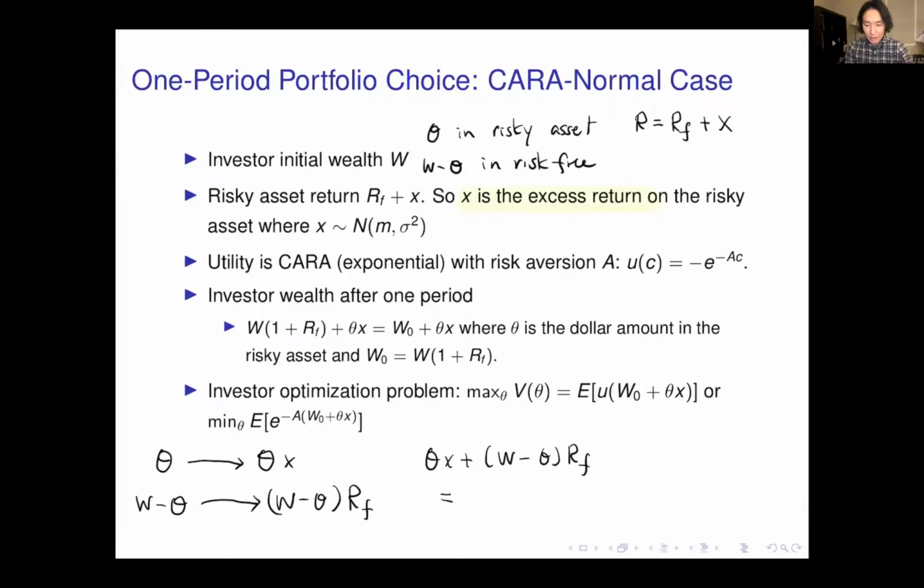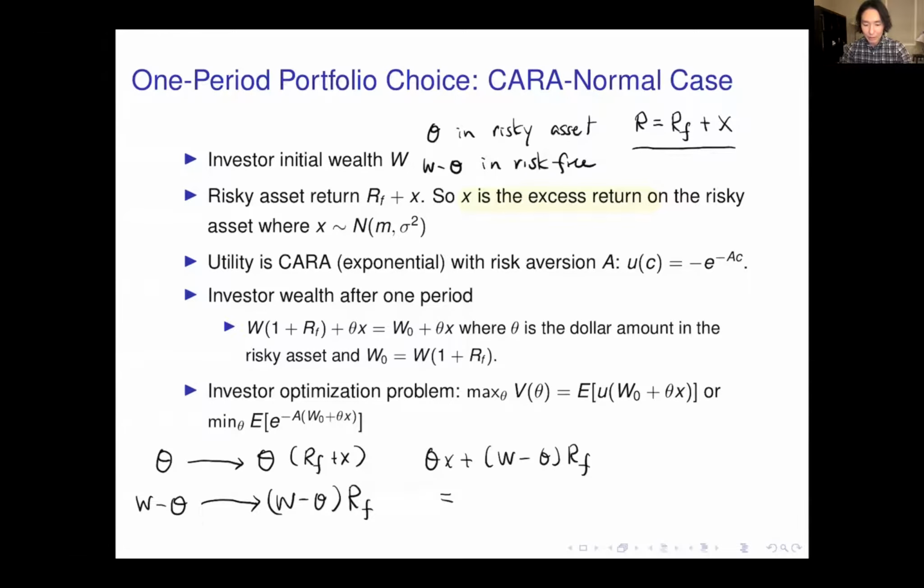Let's rearrange this. There was an error here. Theta was in the risky asset, and the return on the risky asset is RF plus X, right?